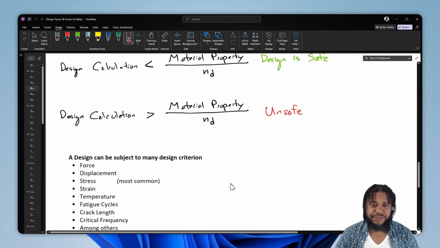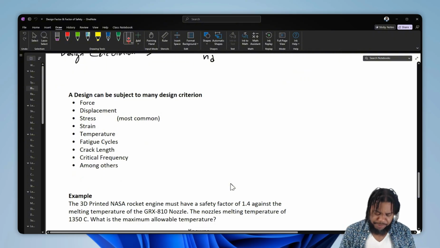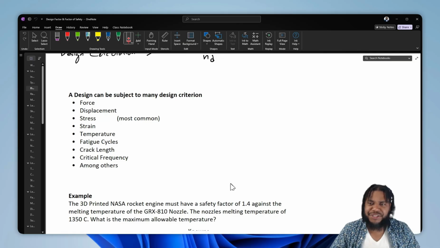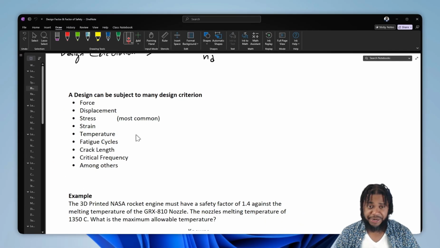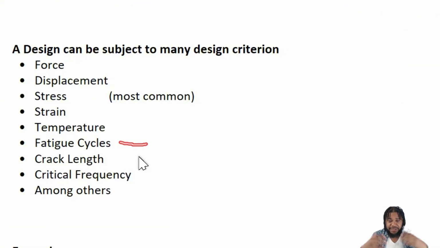Now, an important thing in design is that there can be many criteria that we are evaluated against. Not just, oh, will it yield or will it fail? But we can have many different criteria that we're concerned with. For example, temperature. The temperature cannot exceed a certain value. Or fatigue cycles. How many load cycles?